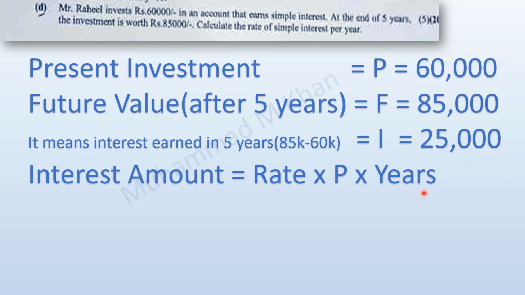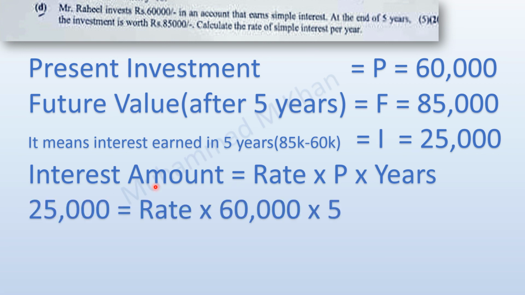And if the investment was for more than 1 year, then we have to multiply it by years also to get the total amount of interest. So putting the values in this formula, the interest amount 25,000 we have just calculated, the rate is something we need to calculate, 60,000 was the amount originally invested, and 5 is the number of years.